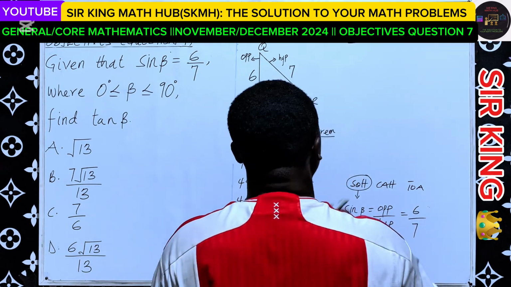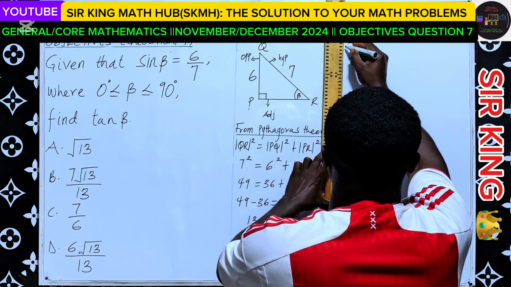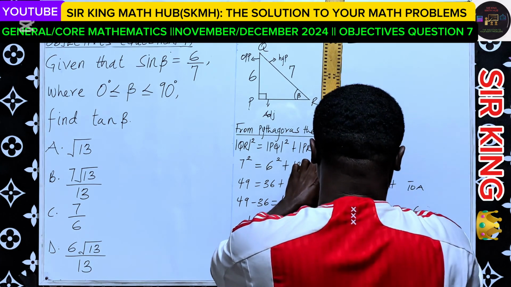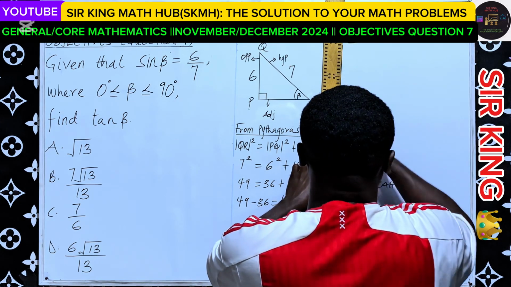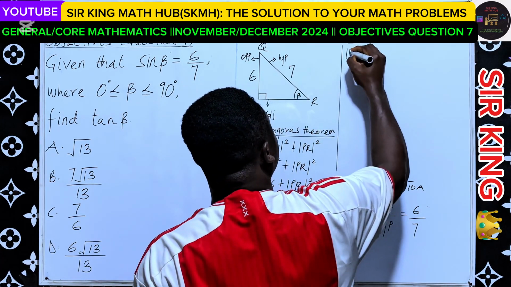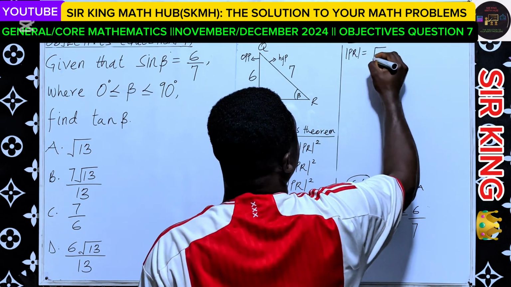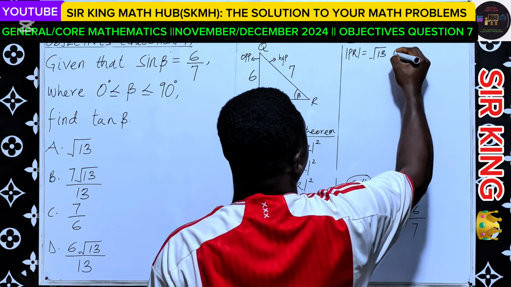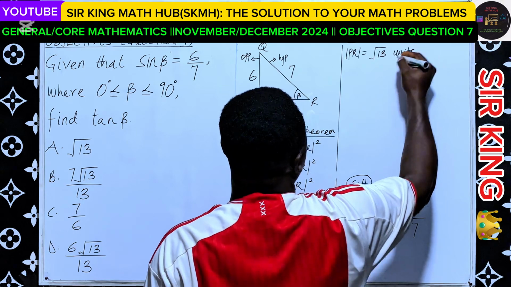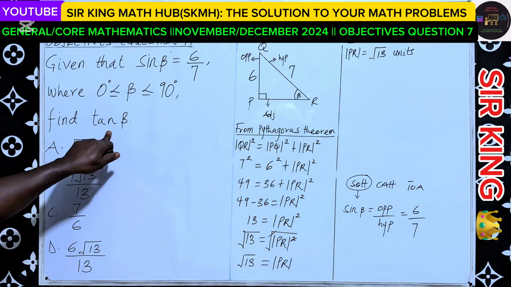So the length of PR, in this case the length of the adjacent, is root 13 units.